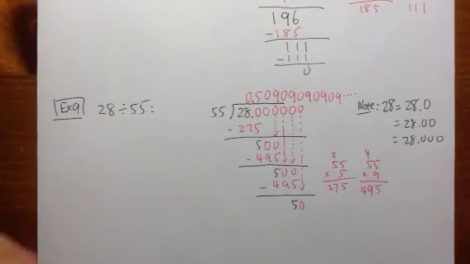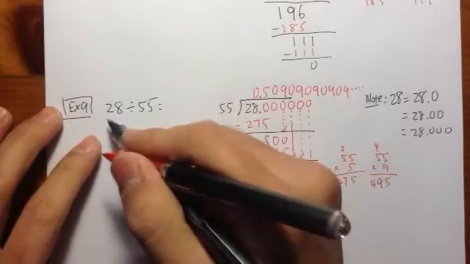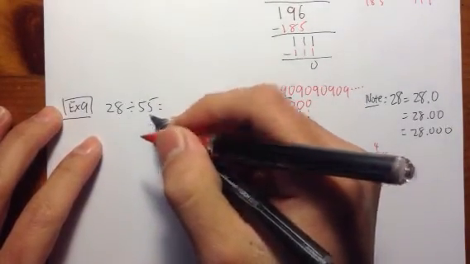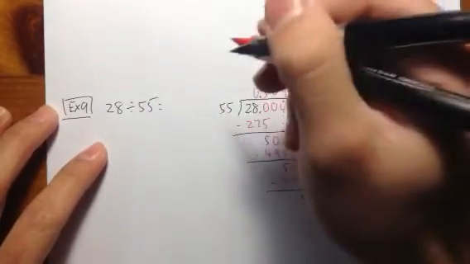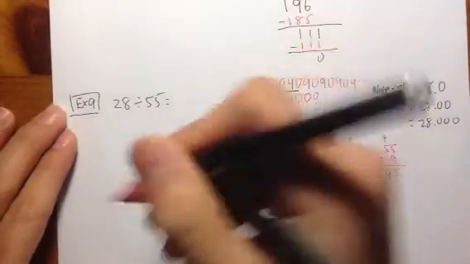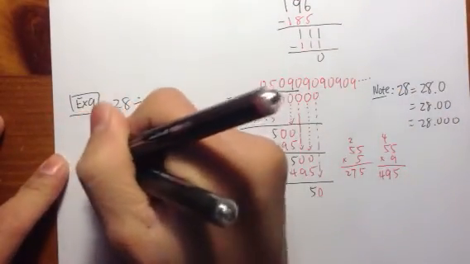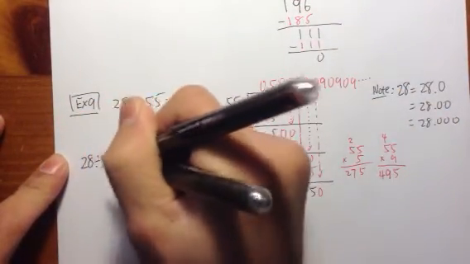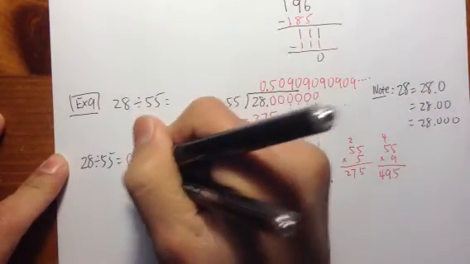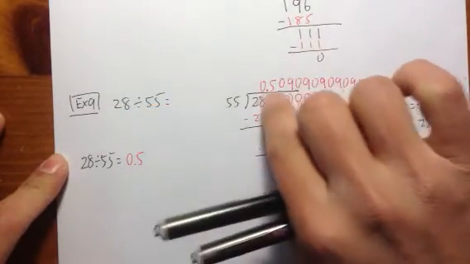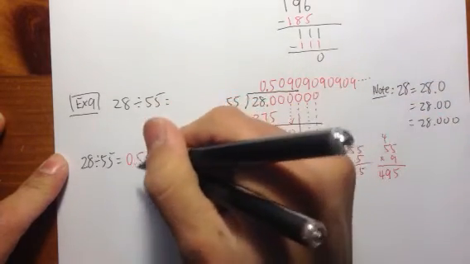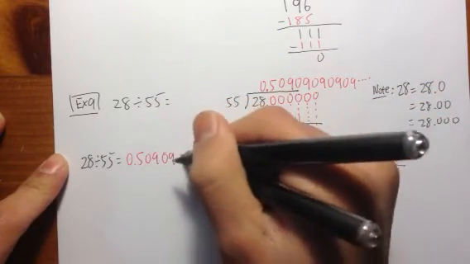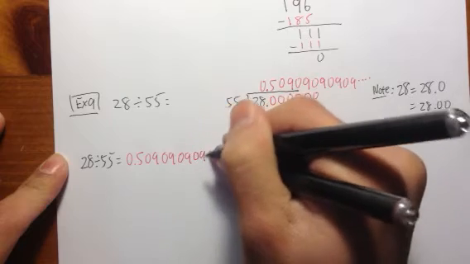This is a very interesting question, huh? Because 28 divided by 55, let me just write it down right here. You first get 0.5, and then you get 0, 9, 0, 9, 0, 9, 0, 9.